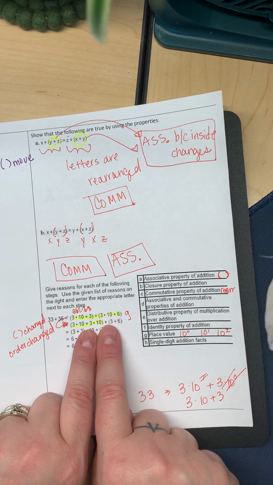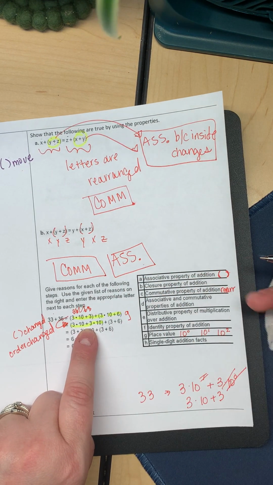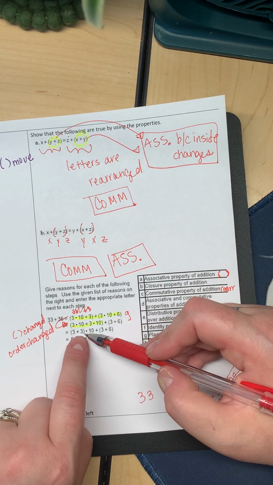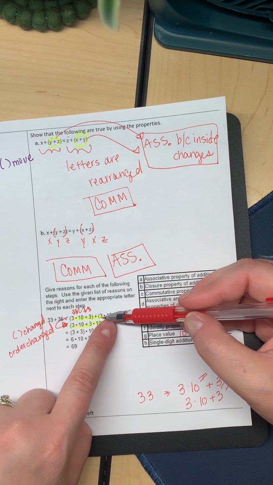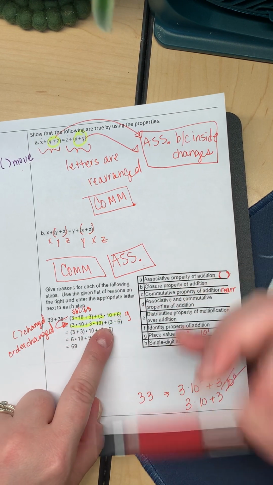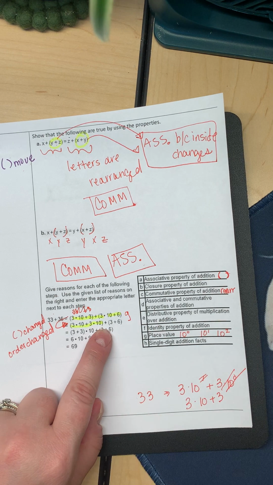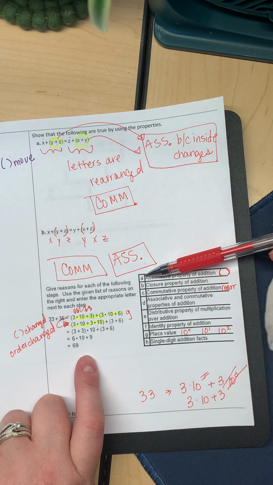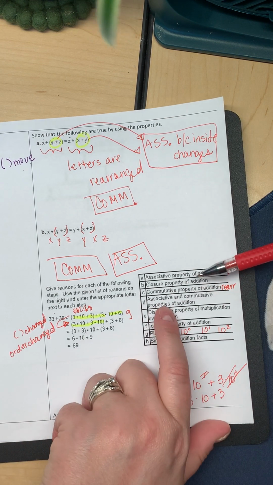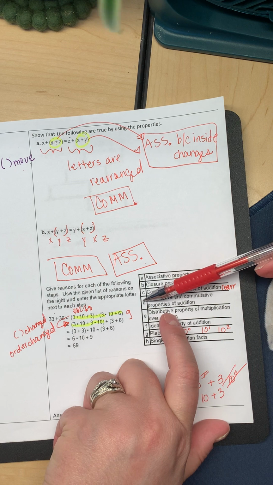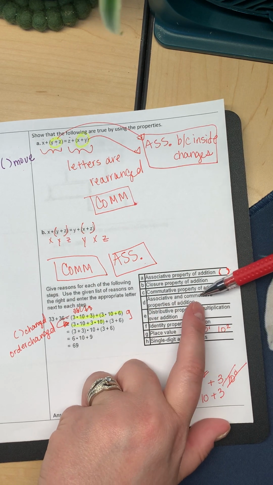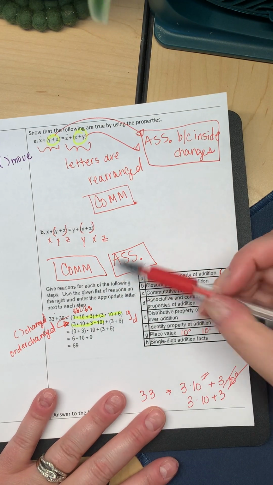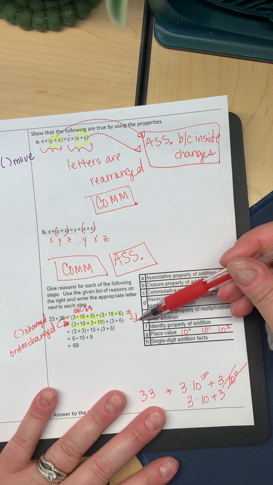So that means the parentheses changed, as in associative. Then, since the order of the numbers change from the first to the second line, see, we have 3, 10, 3, 3. On the second line, we have 3, 10, 3, 10. Those are different. So that means commutative. But if you look at the answer key, it doesn't say A and C. Instead, it says D, because D says associative and commutative properties of addition. So instead of listing A and C separately, you just say D.